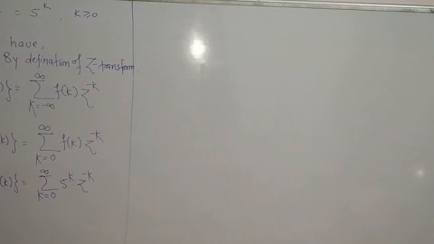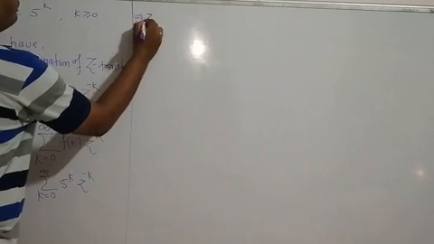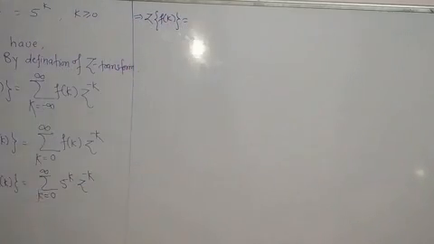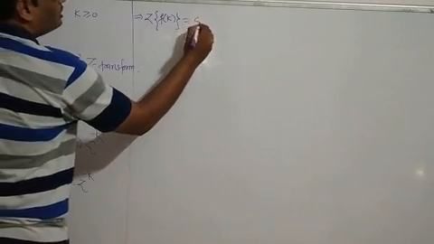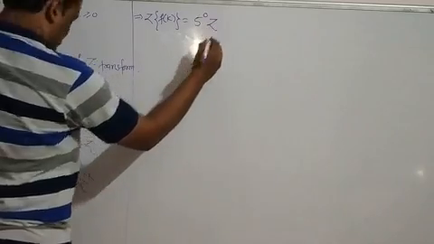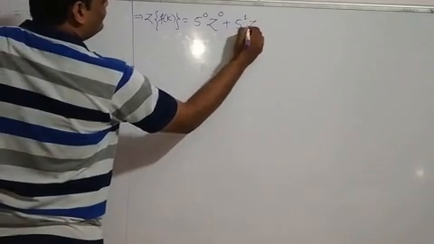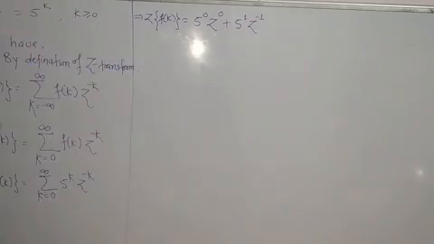Okay. Now write this summation in the form of a sequence. So Z of f of k comes out to be, starting with 0, 5 raised to 0 z raised to 0 plus 5 raised to 1 z raised to minus 1.